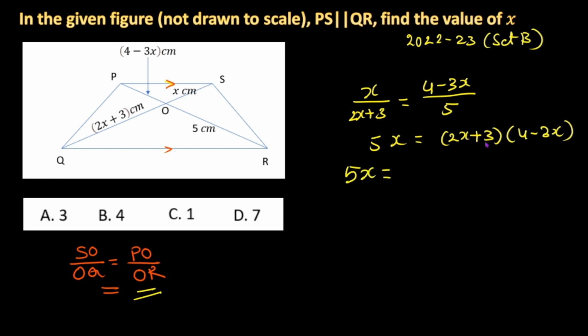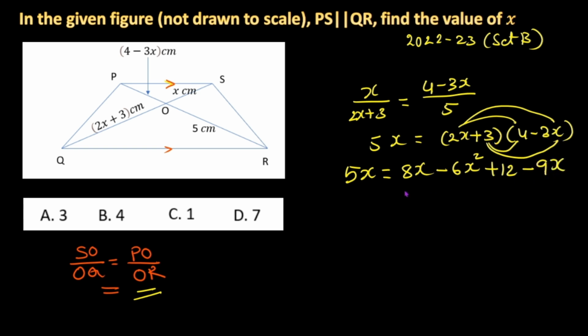Multiplying: 2X into 4, 8X; minus 2X into 3X, 6X square; 3 into 4, 12; minus 3 into 3X, 9X.